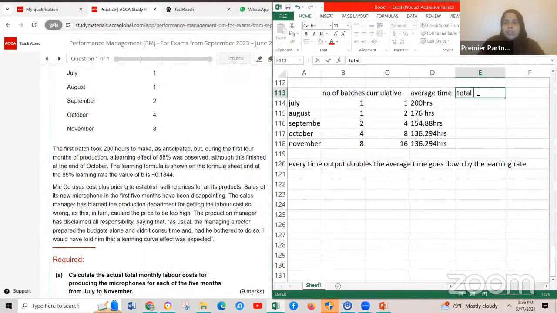So now let's take the total time. So here for 1, 200 hours. Here 2, no? So 176 into 2, 352 hours. Then here 148.8 into 4, 619.52 hours. Now we're taking the total hours.